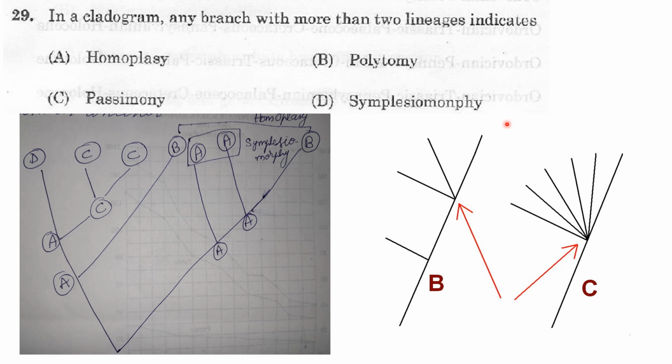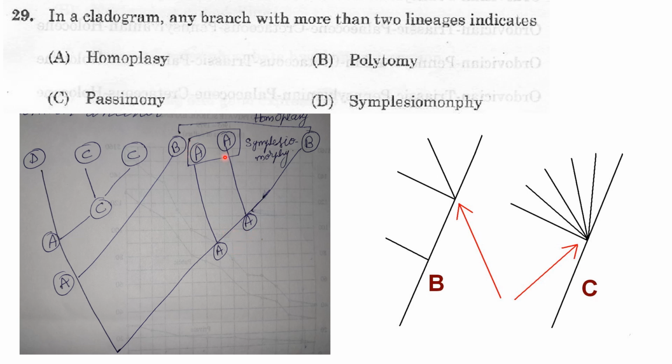And symplesiomorphy. Sym means shared, and plesiomorphy represents ancestral character. So symplesiomorphy is common between two organisms, present in multiple lineages.